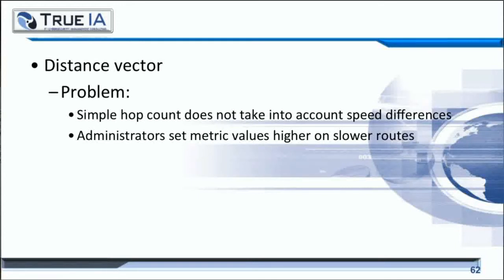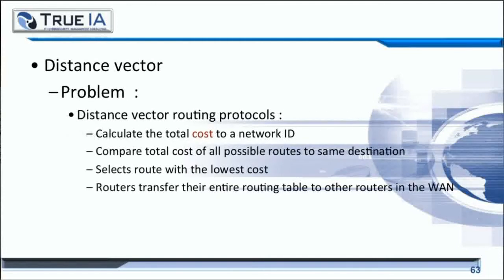However, the problem with distance vector routing is it only relies on a simple hop count. It doesn't take into account the speed differences of other routes. So administrators set metric values higher on slower routes. This can be somewhat labor intensive on a larger network.